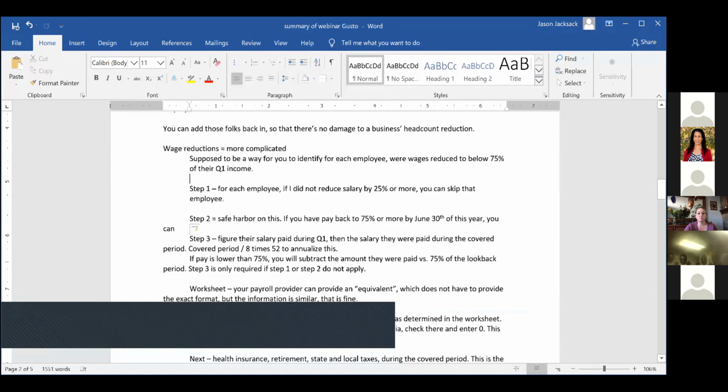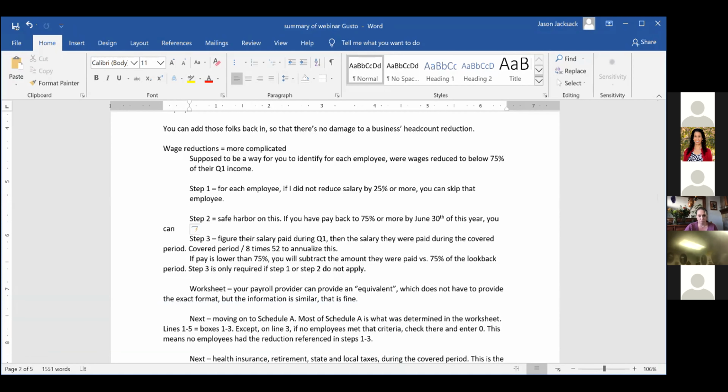Now I'm going to hit one part and then I'm going to ask Jason to do the other. For any payroll period, I'm going to actually read it: the total amount paid to the owner or self-employed individual. This amount may not be included in PPP Schedule A worksheet.